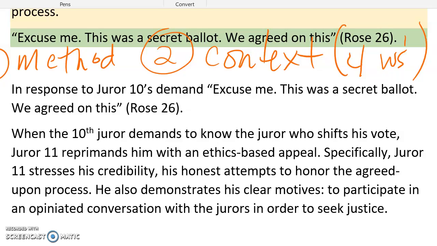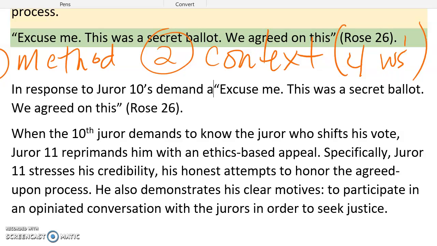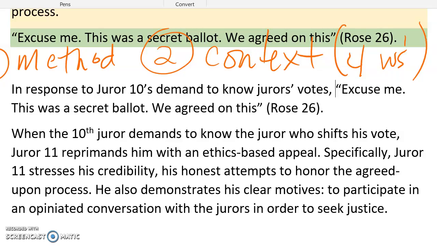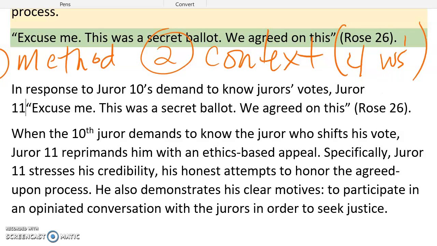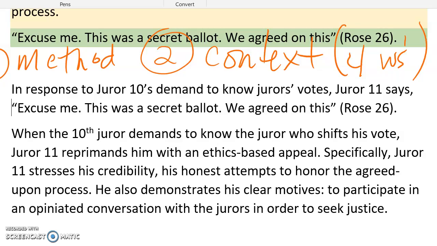Demand to know jurors' votes. Juror 11 says, so okay, what do I have so far?